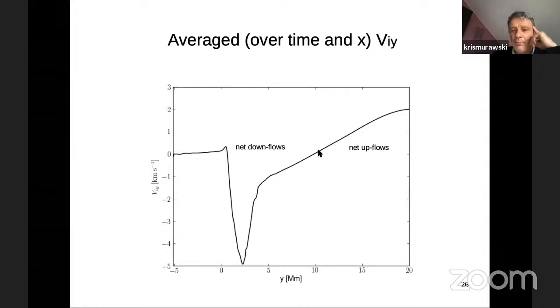So somewhere here we can treat this height as the origin of nascent solar wind. So granulation is responsible for the generation of the solar wind. Well, it's perhaps nothing special, but we could expect it, in fact.